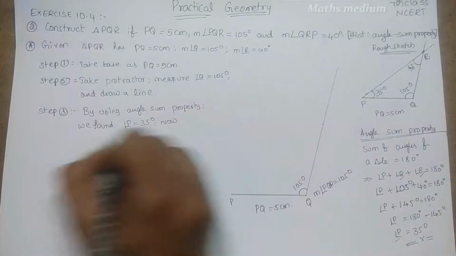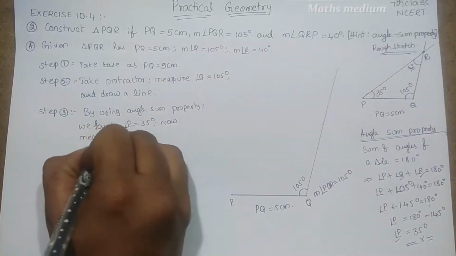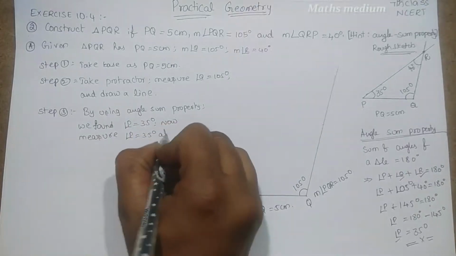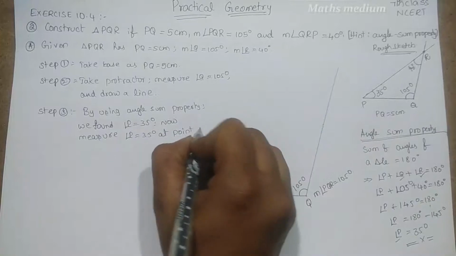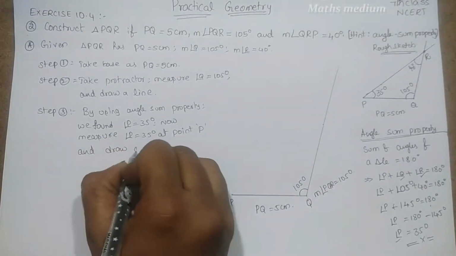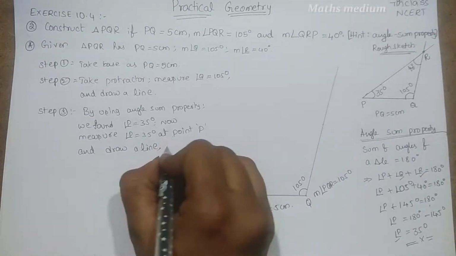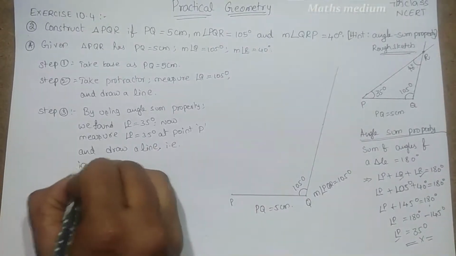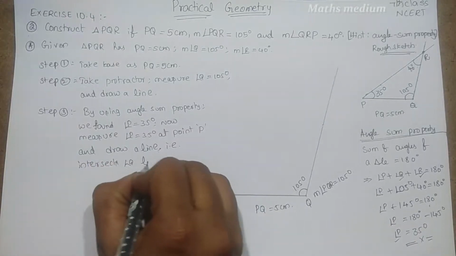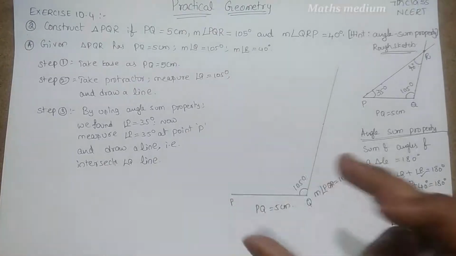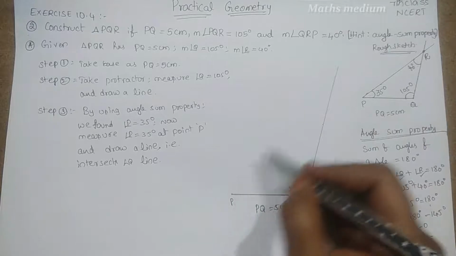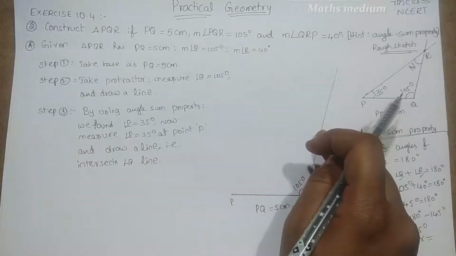Now measure angle P is equal to 35 degrees at point P and draw a line that also intersects the angle Q line. Why? Because we don't know another side of the given triangle. So that's why this angle line intersects the given angle line.